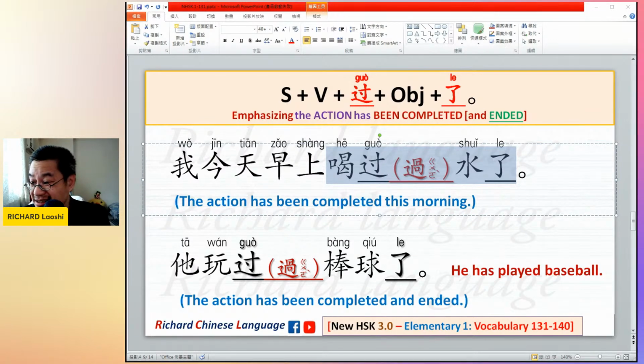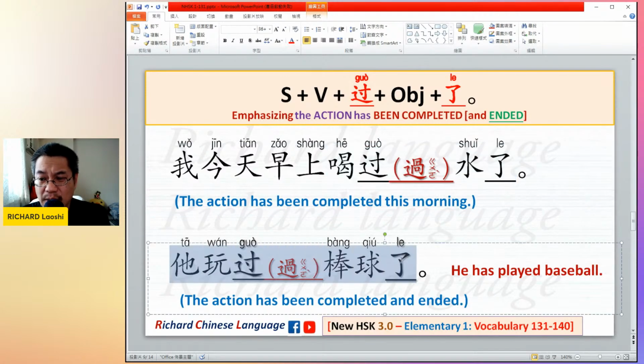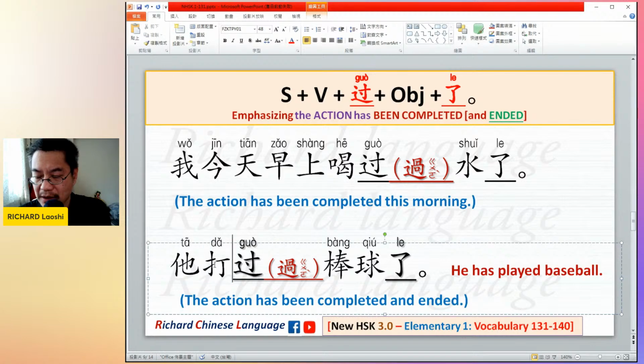Okay, let's see another example sentence. 他玩过棒球了. Sorry, I should say 他打过棒球了. Which means this person has already completed this action and has also ended this action.